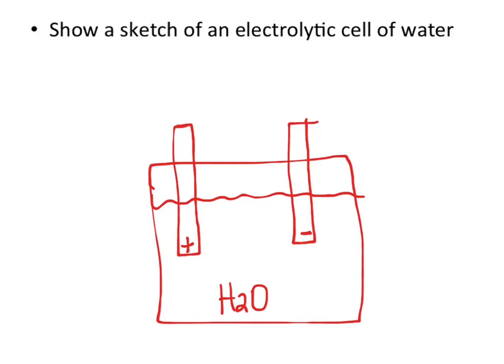Big difference here is when we hook these up, we have to have a power source. So this is our power source. We're hooking the positive up to the positive, the negative to the negative, and we're still running electrons.